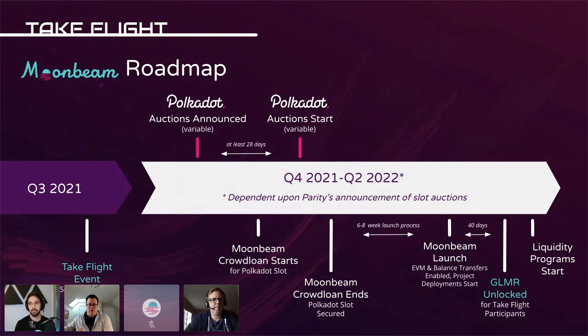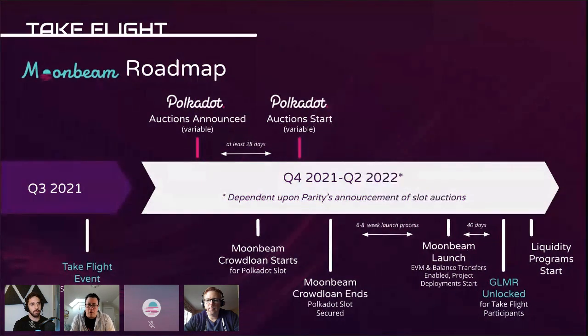Then there's a variable time when the auction can end. All that leads up to a successful crowdloan campaign, which would result in Moonbeam occupying one of the available parachain slots on Polkadot.